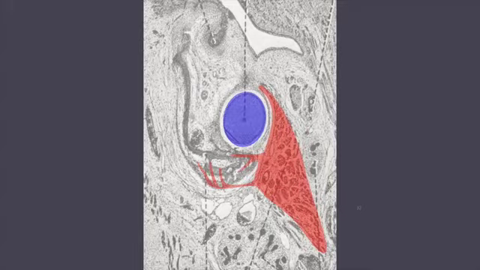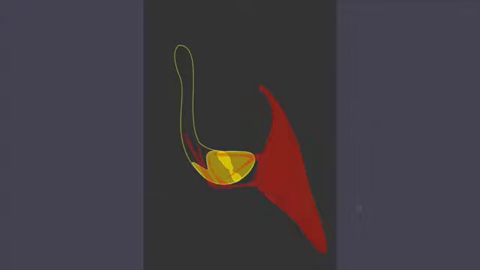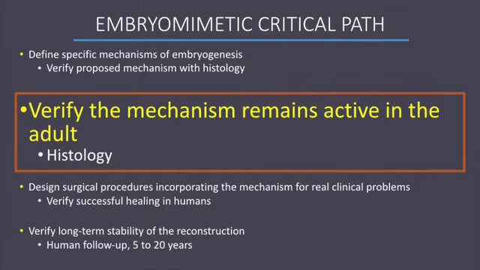In order to be valid, we need to have a process that can be verified with histology. If we can create a model, a theory by which the embryo used to create the skeleton to begin with, the next obstacle is to verify that this mechanism still remains active in the adult.